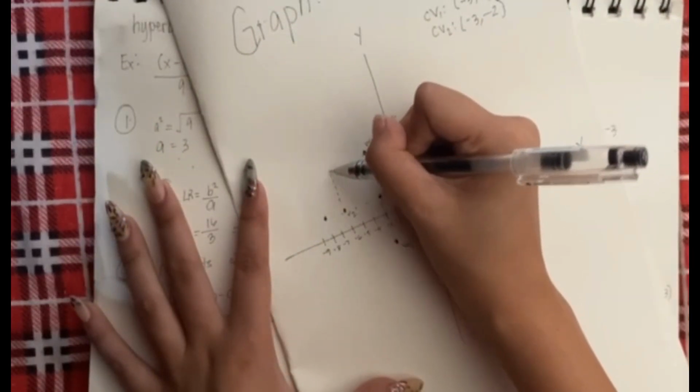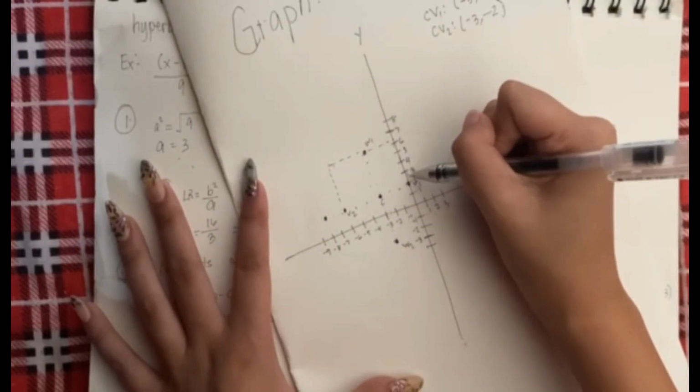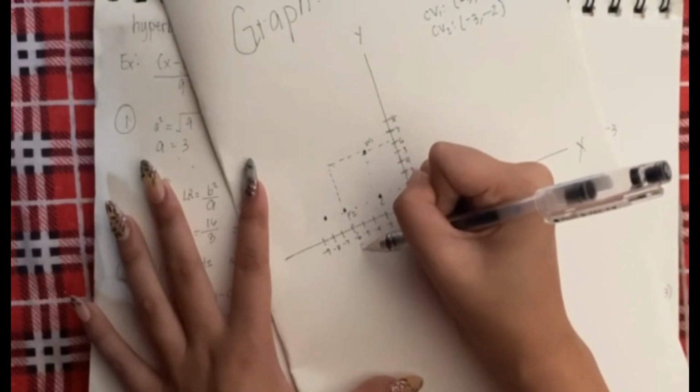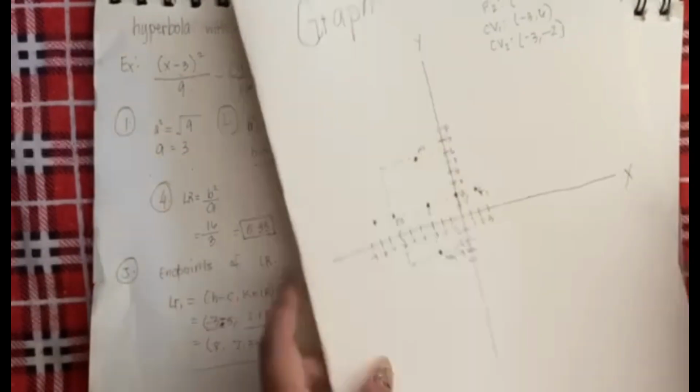And you have to connect, like magput ka og broken line nga nagkuan og box para maklaro nimo kung asa nimo ibutang ang asymptotes later.